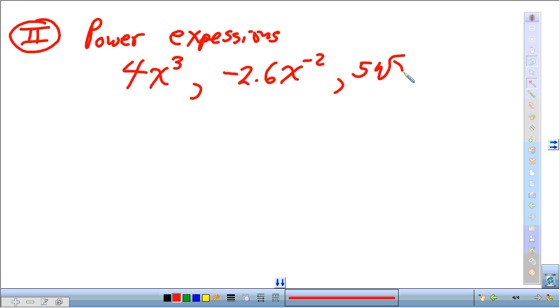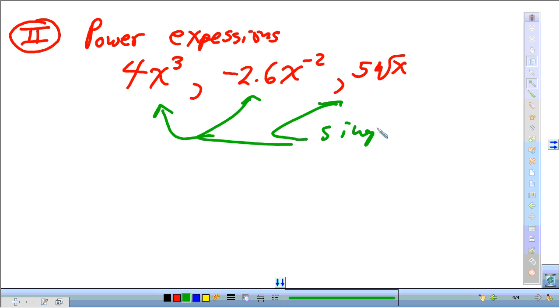Five square root of x, although written as a radical, it's the 1/2 power, so we could also say it's a power expression. Now, if we say it's just a power, these are all single terms.